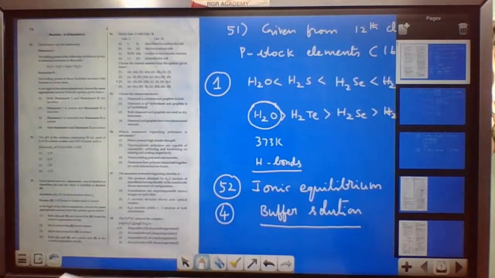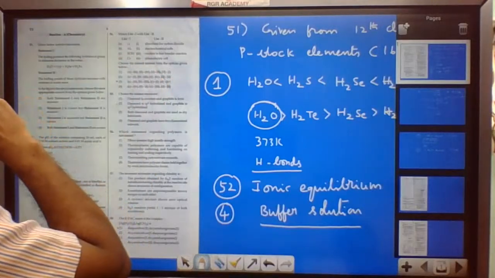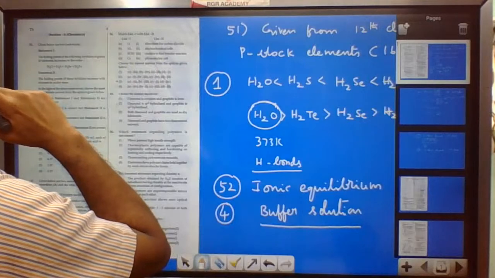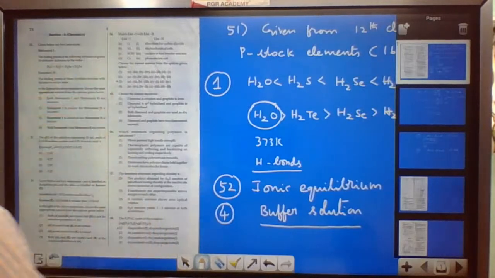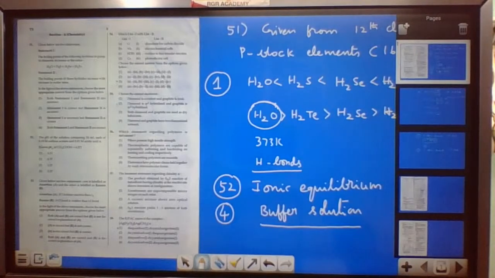So the correct option for 54 is 3. That is, A is 2, B is 3, C is 1, and D is 4.